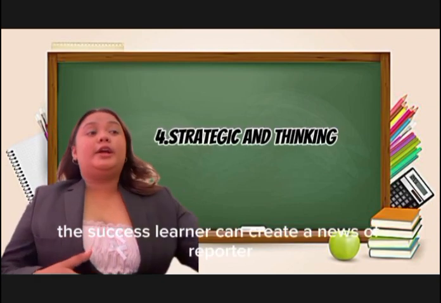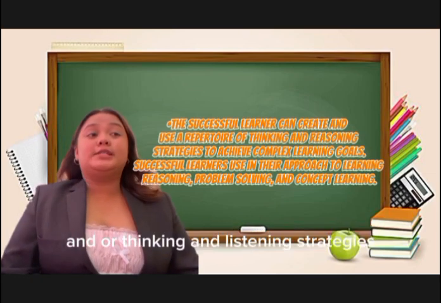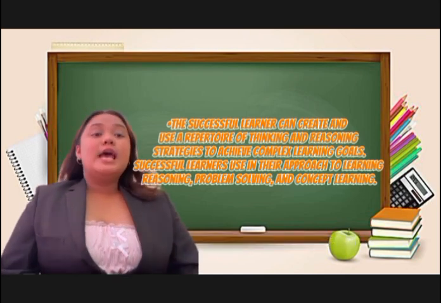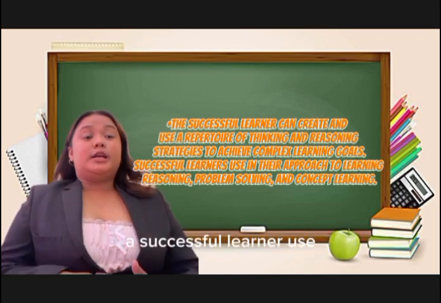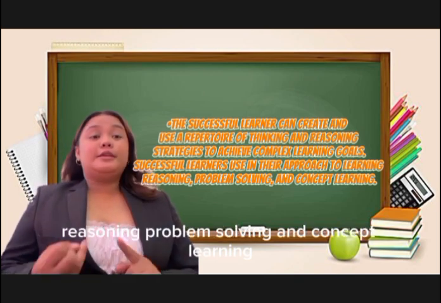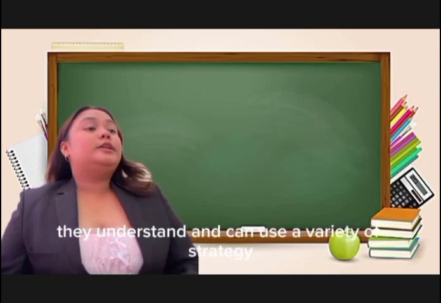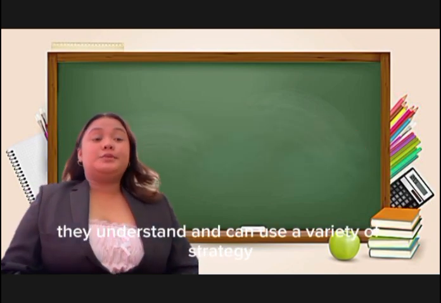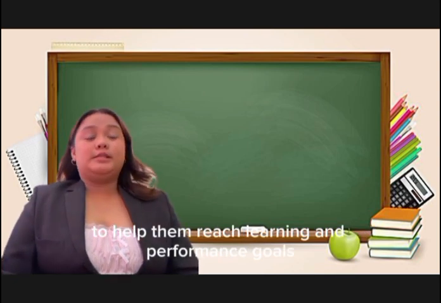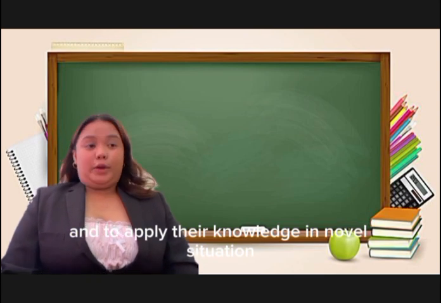The successful learner can create and use a repertoire of thinking and reasoning strategies to achieve complex learning goals. Successful learners use strategic thinking in their approach to learning, reasoning, problem solving, and concept learning. They understand and can use a variety of strategies to help them reach learning and performance goals and to apply their knowledge in novel situations.